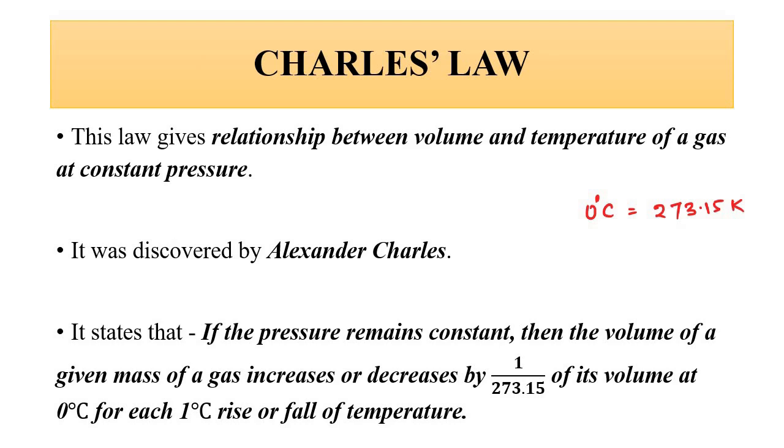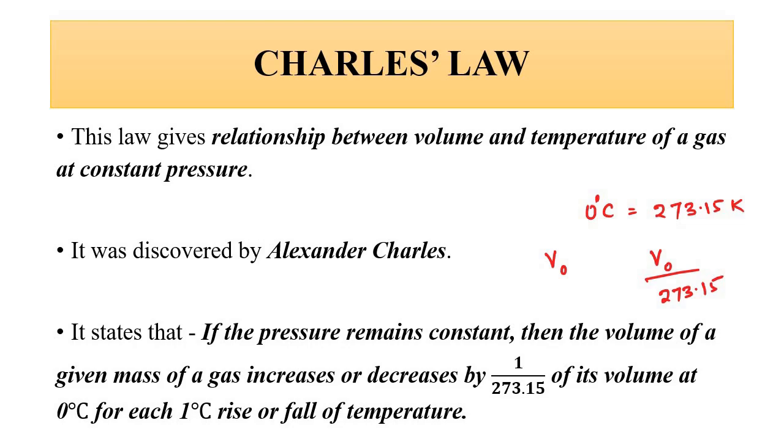when the pressure is kept constant, the volume is related to temperature as follows. It either increases or decreases by 1 by 273.15 of its volume at 0 degree Celsius. Let its volume at 0 degree Celsius be V0. So it will always increase or decrease by a margin of V0 by 273.15.